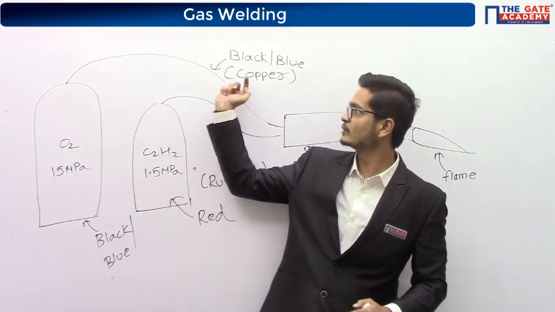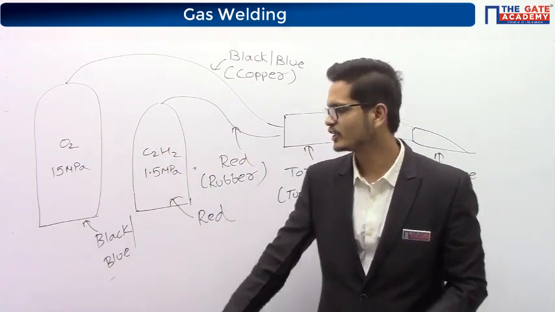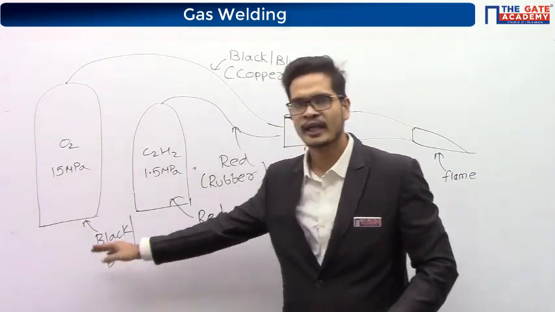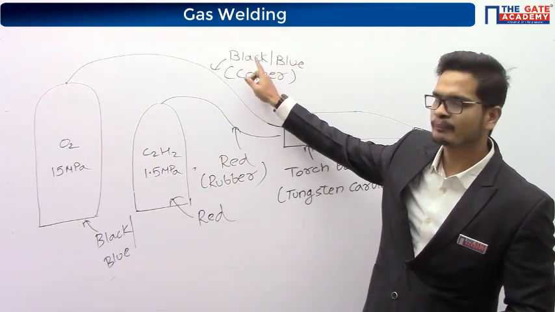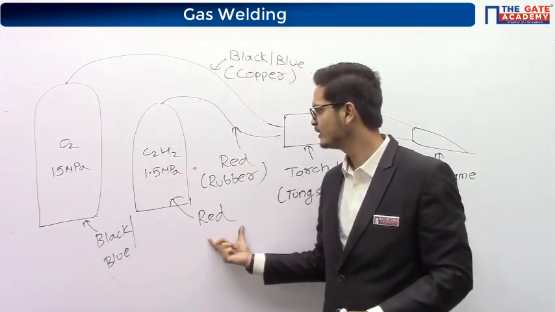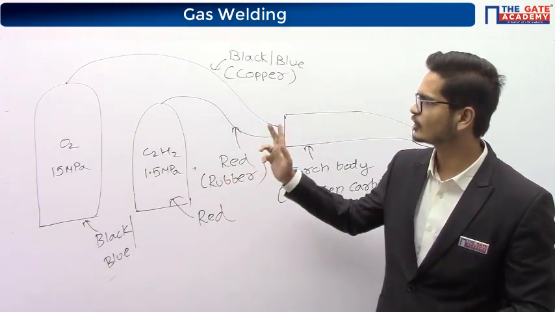Otherwise, some accident may occur because of leakage of acetylene. That's why we use different color codes. We keep the oxygen cylinder as black and blue, and we keep the respective pipe as black and blue. We keep the acetylene cylinder as red, and we keep the respective pipe as red. Okay, this is the reason for the different colors.